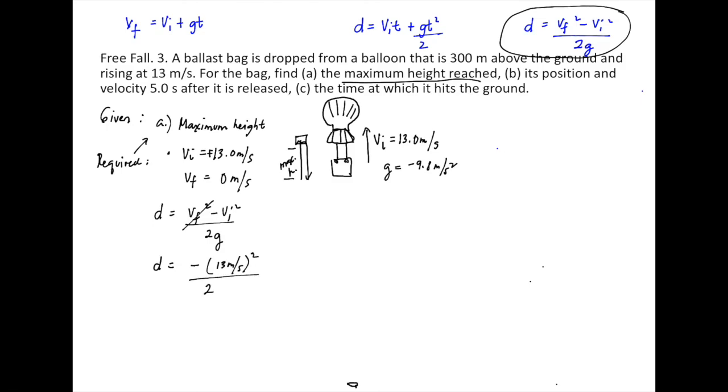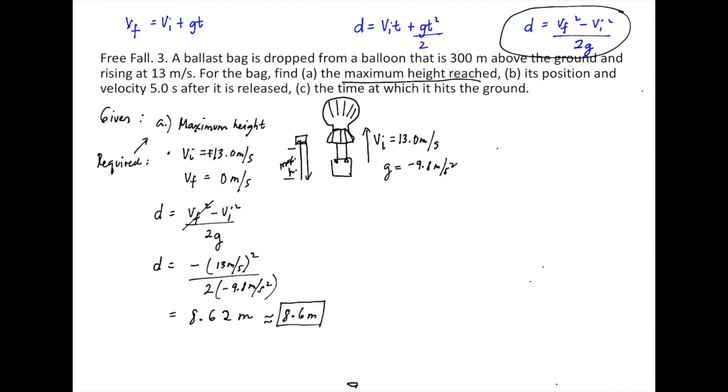Then divided by 2 times negative 9.8 meter per second squared. So let's press that first in the calculator. It's 13 squared divided by 2 times 9.8. And the answer for that is around 8.62 meter. So rounding off to two significant figures, we have 8.6 meter.